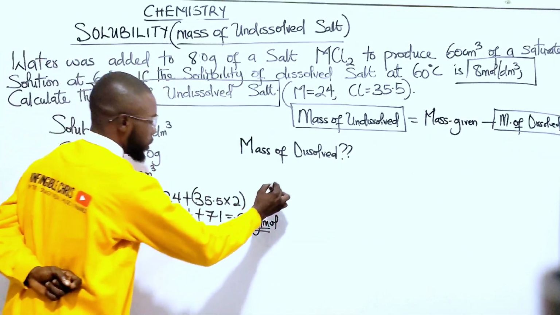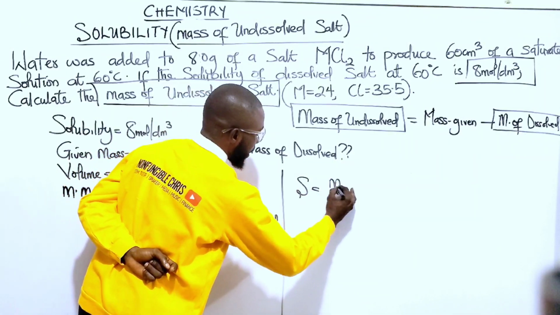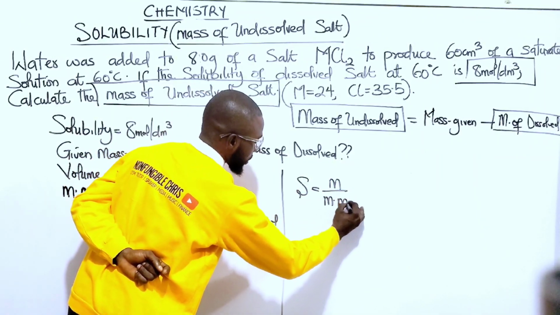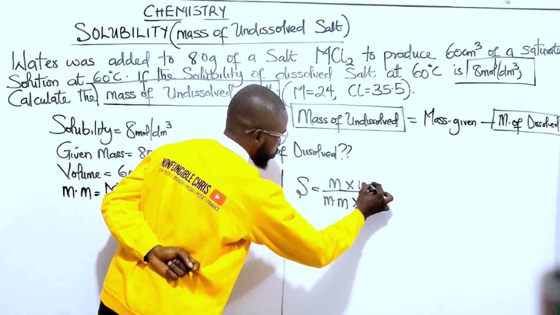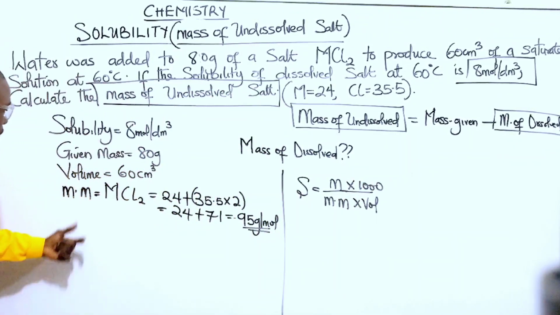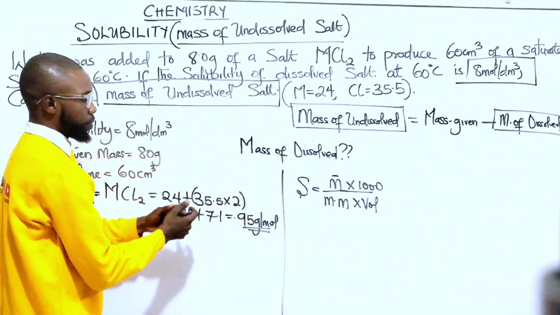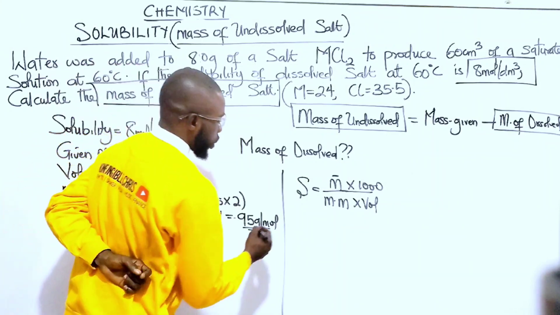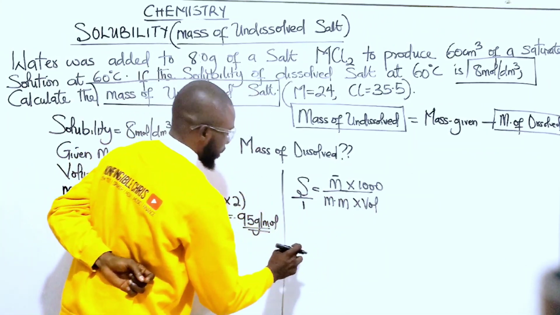We know that solubility is mass over molar mass, times our volume, times 1000, because our volume is given in cm³. So this is what we're looking for, mass of dissolved salt. What do we do from here? We can cross multiply. Here should be over 1, therefore the solubility will multiply everything here.